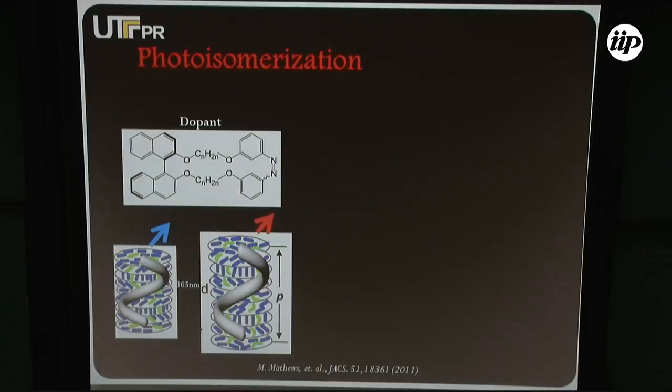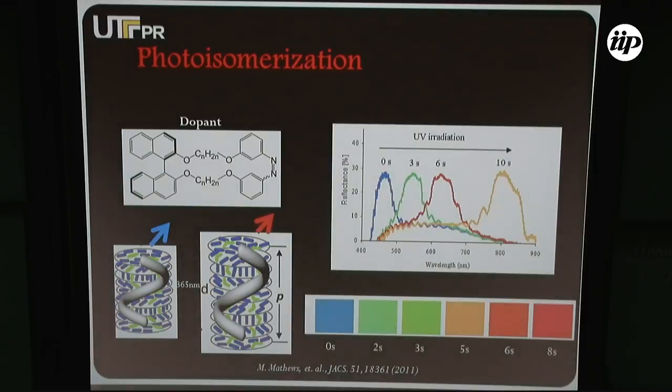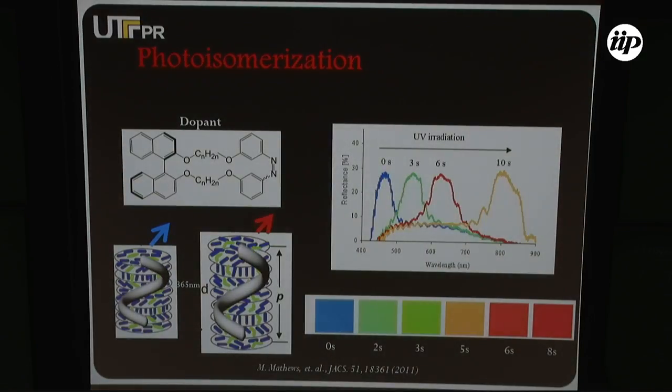It changes the shape of the molecule, and this stretches the whole helix. Before illumination, it looks like this. After, it looks like this, so it's longer. If you measure the reflection spectra, what you see is that after 10 seconds, it goes all the way from reflecting blue to infrared. And you can see all the states by looking here.